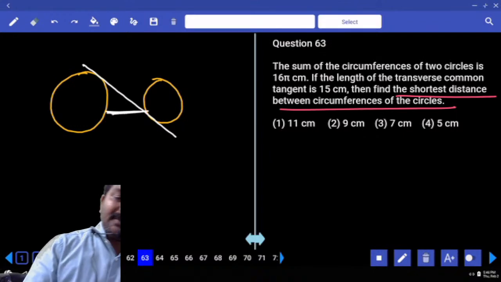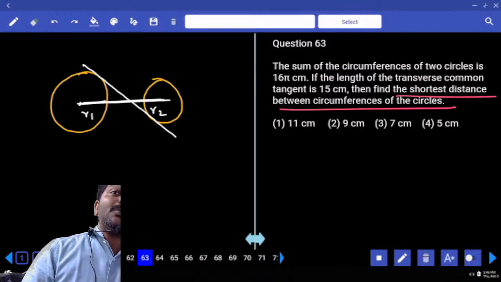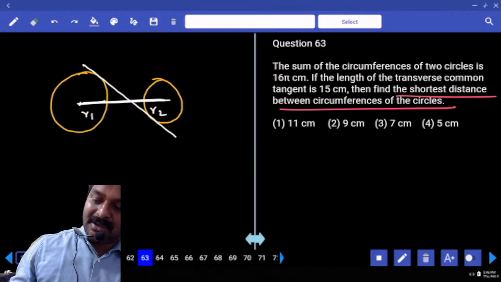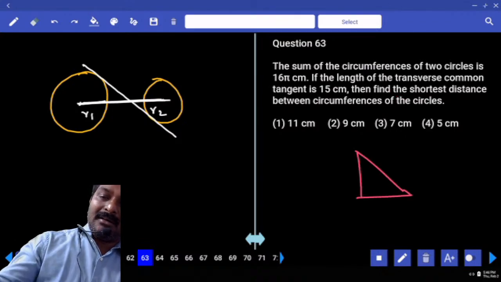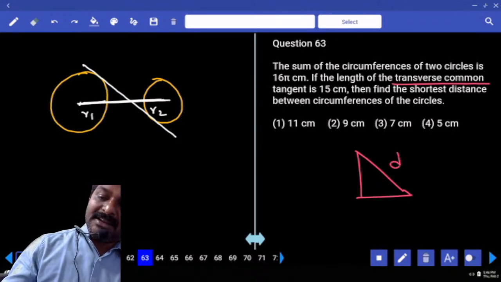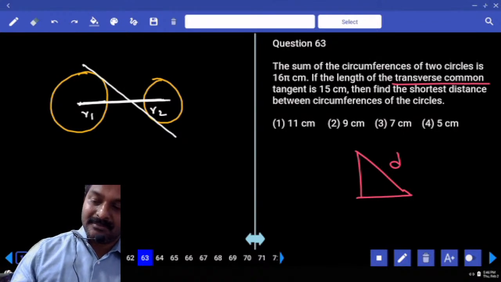Yes, right. So now this is R1, this is R2. What is this called? Distance between two centers, that is D. So now if you calculate the transverse common tangent, distance between centers will be the hypotenuse.